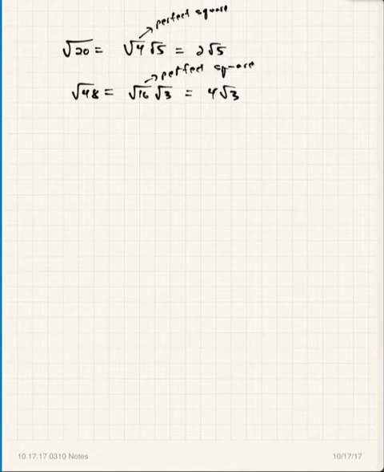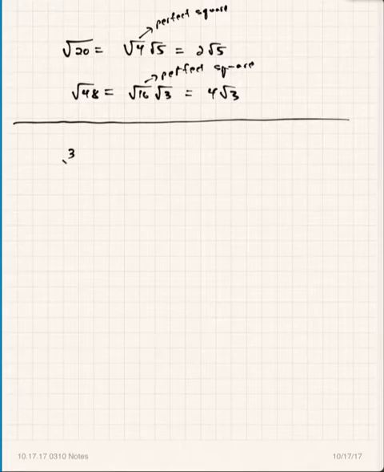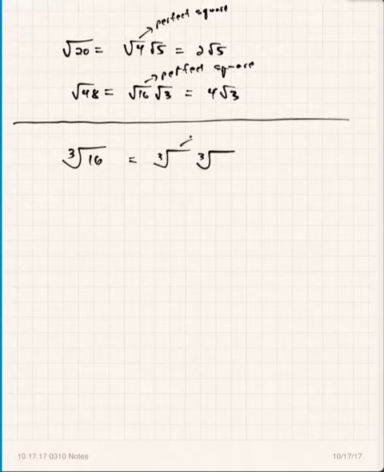Well, you have the same idea with cube roots. So, for example, the cube root of 16. Now, 16 is not a perfect cube, so we want to break up 16 if we can. Is there a way we can break this up into 2 factors where one of them is a perfect cube?